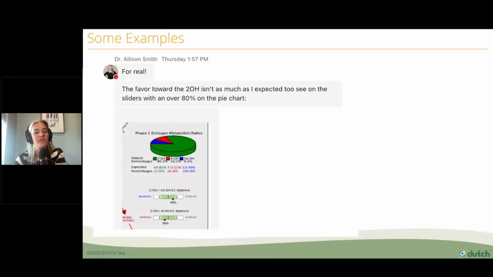But actually, when you look at the ratios based upon where they should be, the 2-OH balance here is actually not as favorable as you would have thought. You might have thought you'd expect this carrot to be all the way up here, but it's actually only at 38%, just slightly below normal. Probably still not a problem for this patient. However, that pie chart didn't really represent what the balance would truly look like.